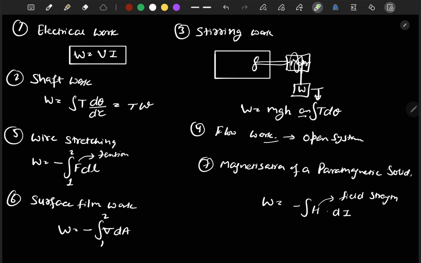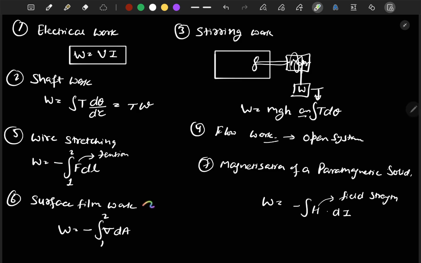Next is flow work. Flow work is for the open system, like we have already seen non-flow work, which is for the closed system. Next is wire stretching. In wire stretching, you are applying a tensile force F, so you can calculate the work by F into delta L, that is change in length. This stretching work will always be negative, that is, it will always be supplied to the system.